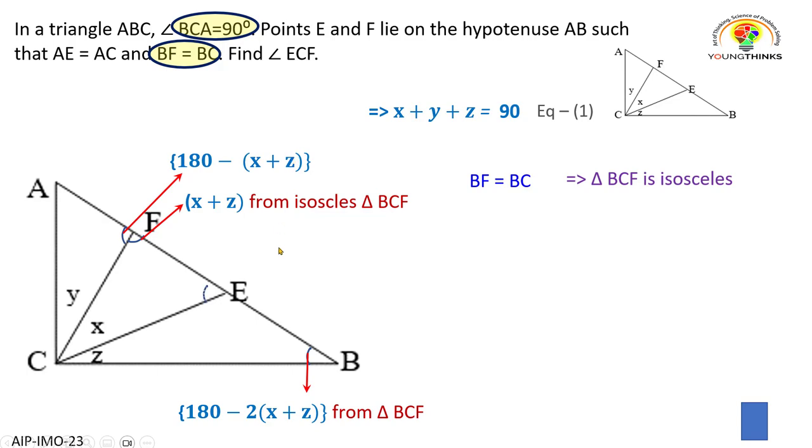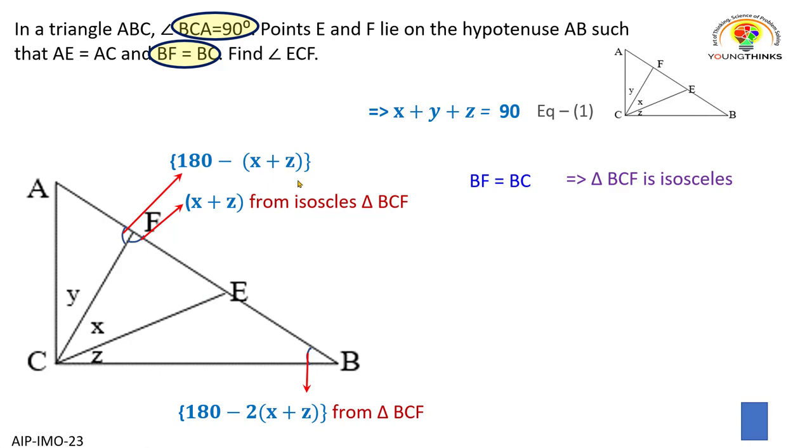But how did you know that BF was equal to BC? Oh, it says in the question, sorry, I couldn't see that. Yeah, that's what is highlighted here. So this angle is 180 minus bracket x plus z.